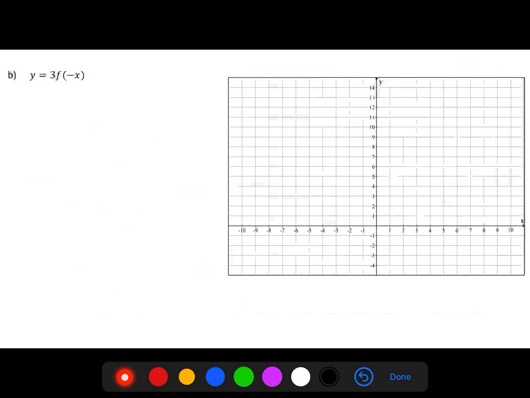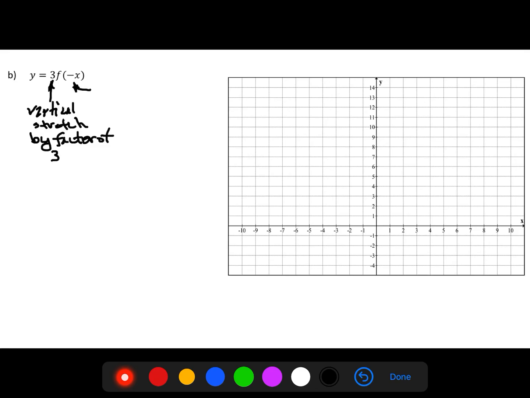So again, thinking about what our base graph was, or key points, either way, and we know that our transformations, we're going to have a vertical stretch by a factor of 3. Sorry, that's not very neat, but vertical stretch by factor of 3.